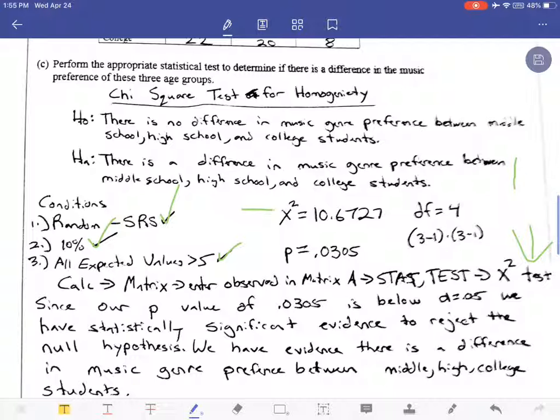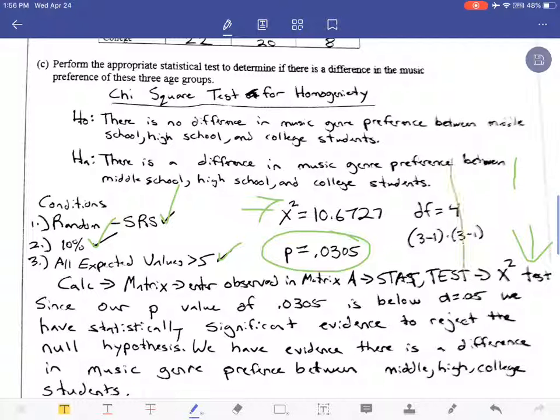It gives you your chi-squared value, which is 10.6727. Gives you your p-value, so you don't have to do anything to get that p-value. It's just 0.0305. And then for your degrees of freedom, that's going to give it to you straight on there. And the way that you calculate degrees of freedom is the formula.